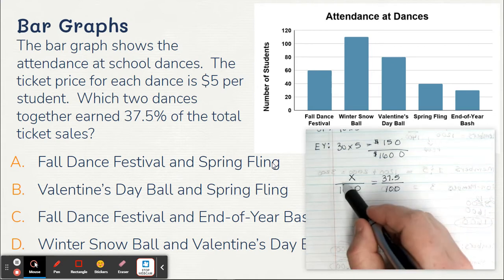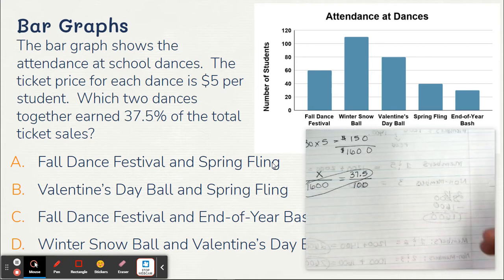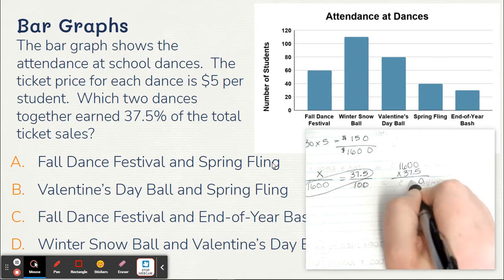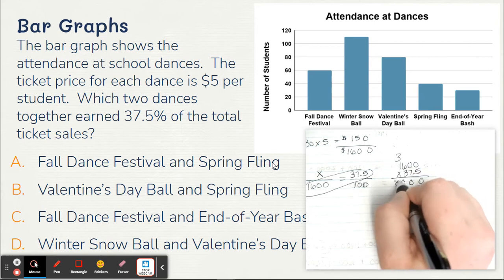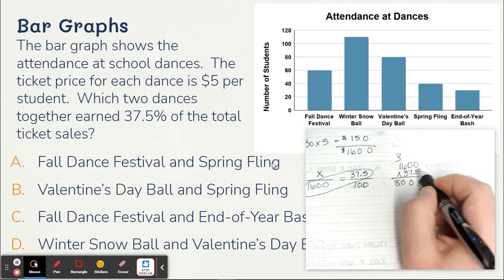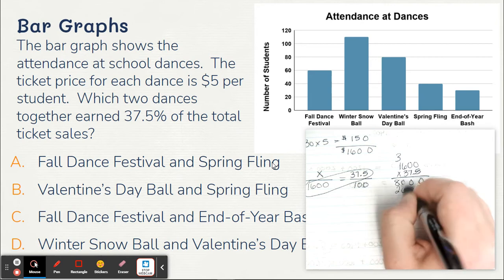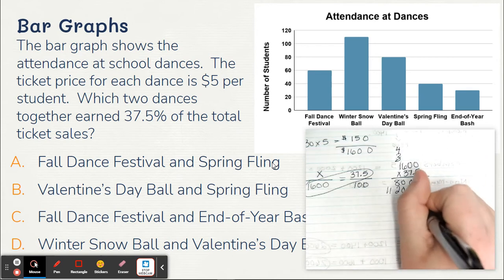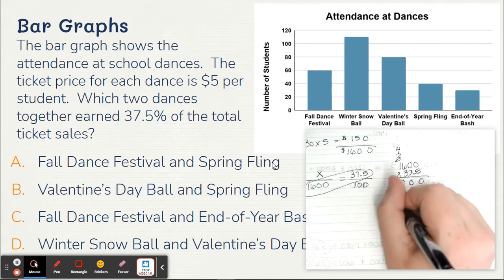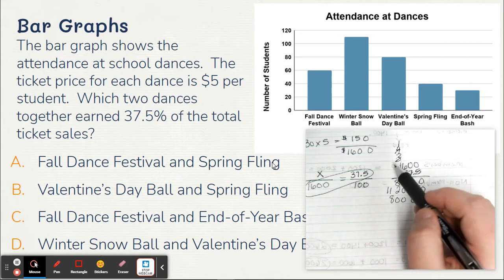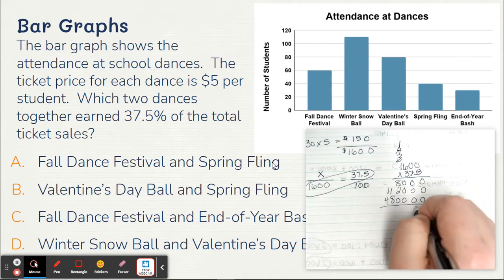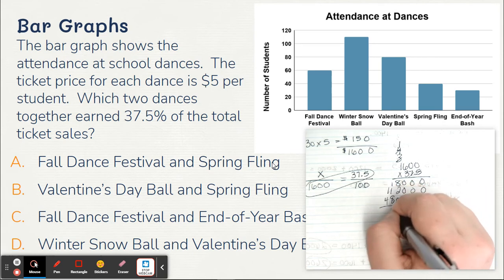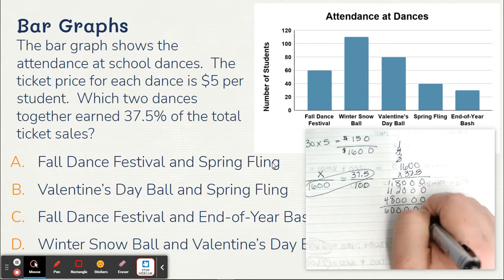Okay, so I'm going to do 1600 times 37.5. Multiplying through the digits, I get 60,000 with one decimal.